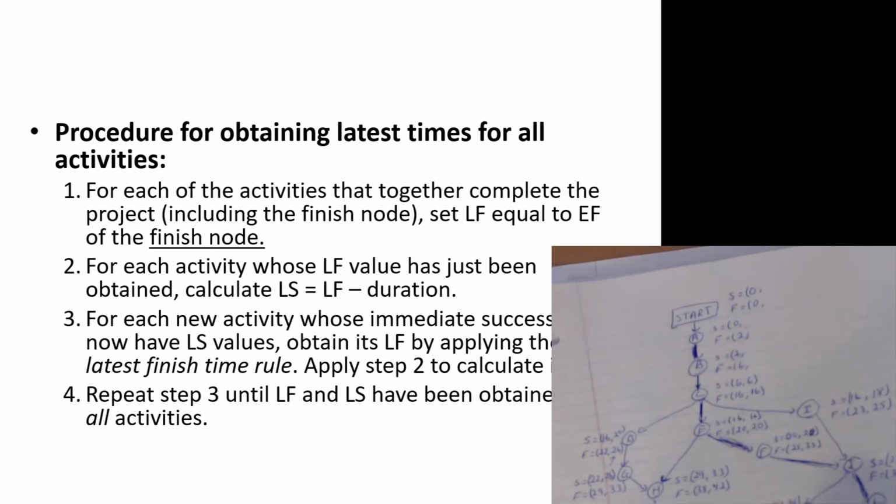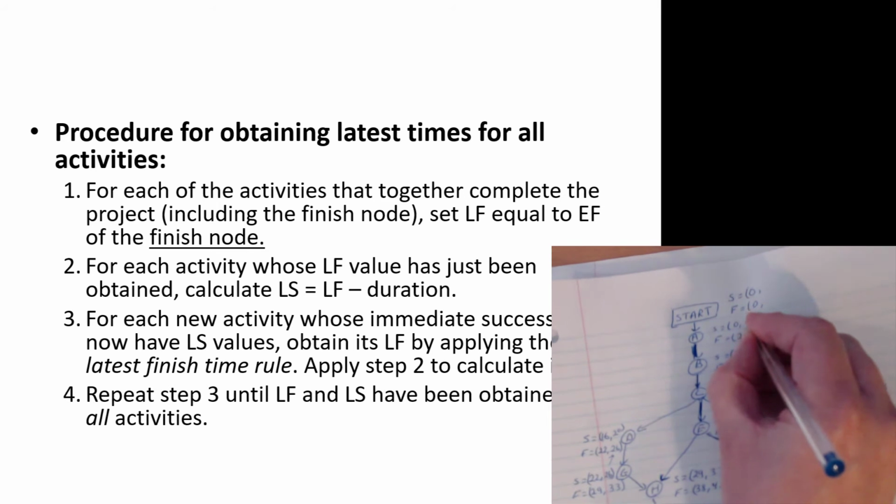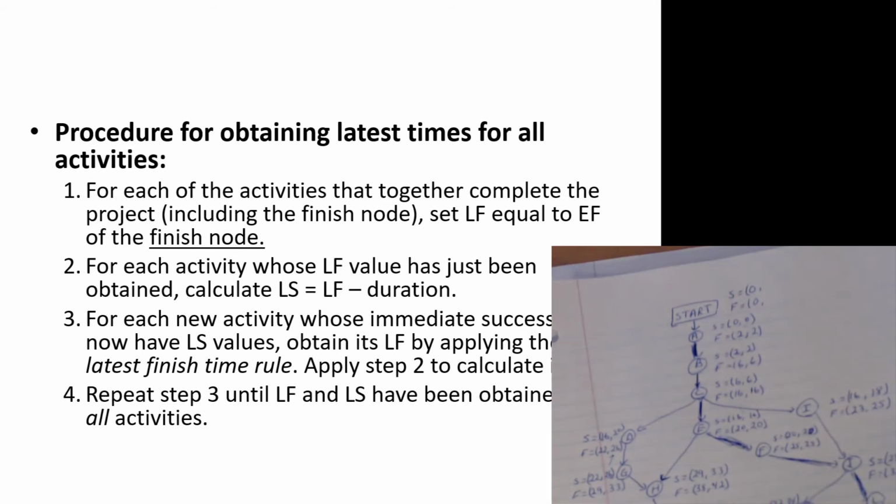We're almost ready to wrap it up. We know that B and A are on the critical path, so we can pretty much shortcut this and just make the two start times and the two finish times equal to each other. And there you go. We've now designated the latest start and the latest finish times.